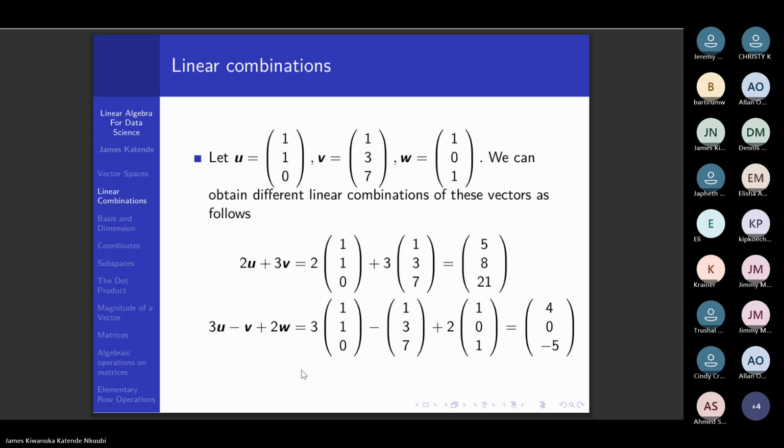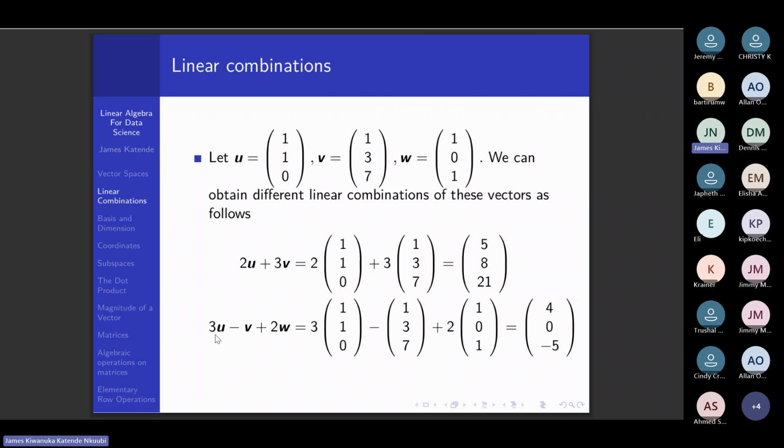I hope the calculations are correct, but they are simple calculations that you should be able to convince yourself are true. If not, you should be able to find the error. They are not complicated. But what is more important here is understanding a linear combination of vectors.